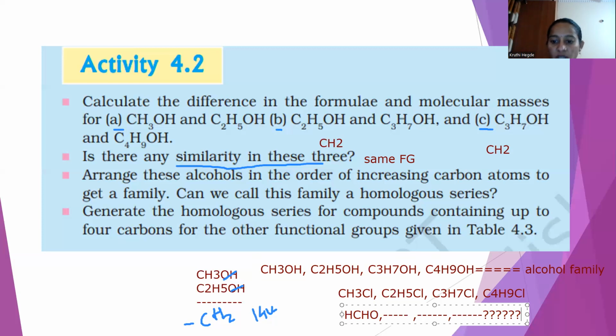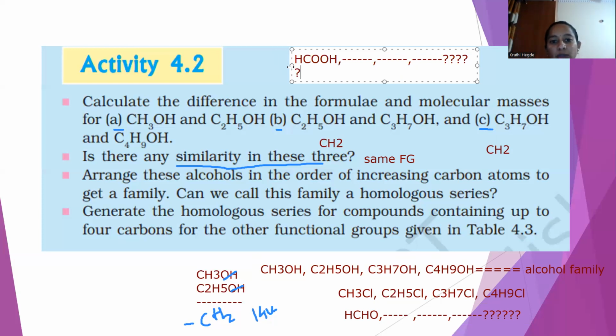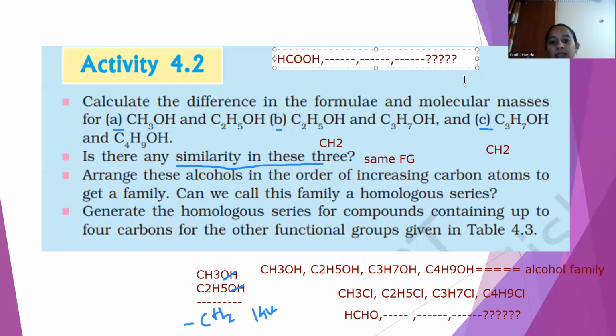First question. And another one that you should write is HCOOH. You should write other members 1, 2, 3 other members. Okay, will you be able to write? It's definitely easy. Try to answer these 2 questions.